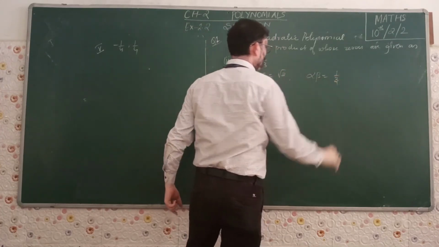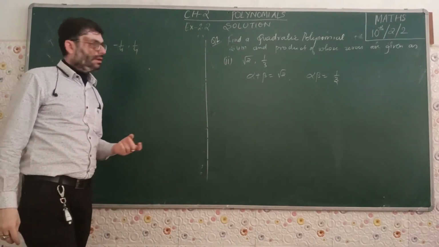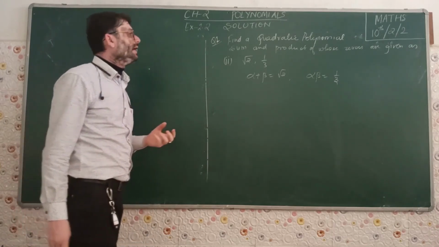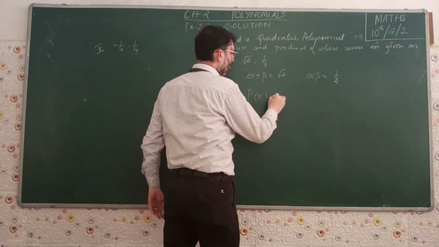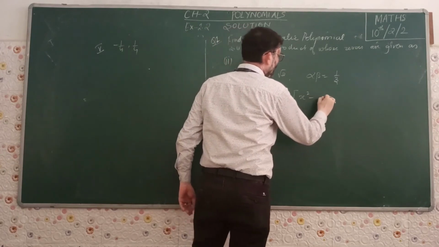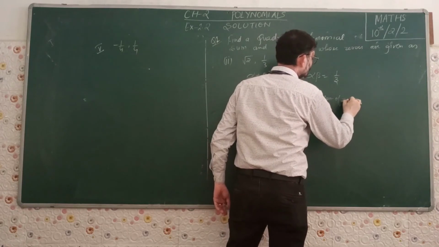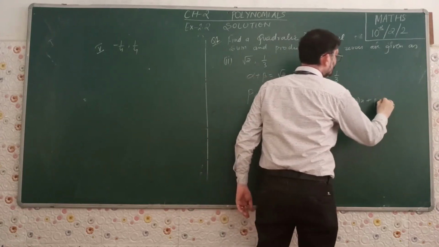We have 2 methods for finding the polynomial. We will be moving with the easiest method, that is the alternative method that we have discussed. The required quadratic polynomial is always given by the form k into x square minus sum of zeros x plus product of zeros.